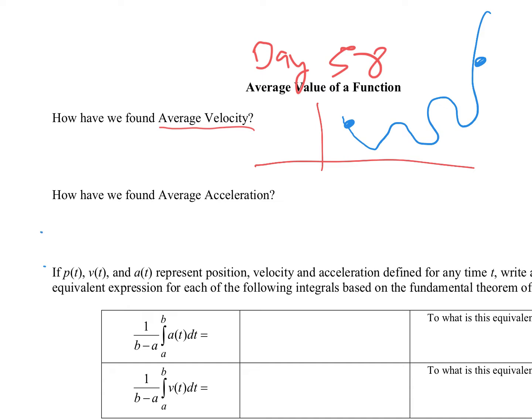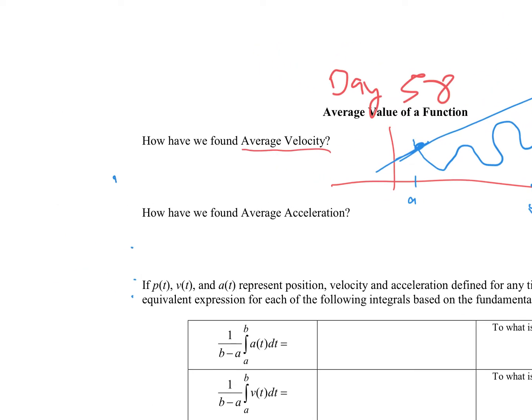It was the slope of that line that went through x equals a and x equals b. So average velocity was f of b minus f of a divided by b minus a. It was the average slope.